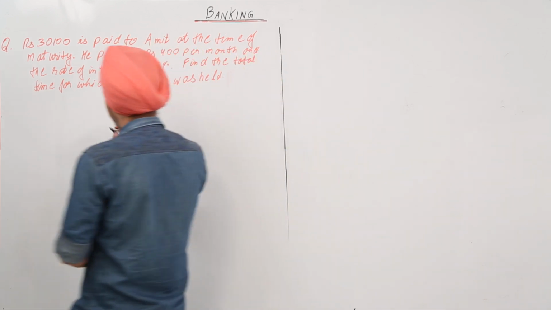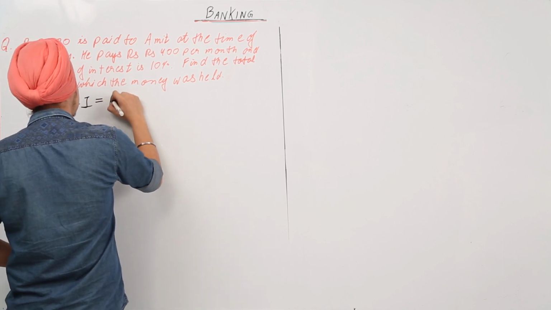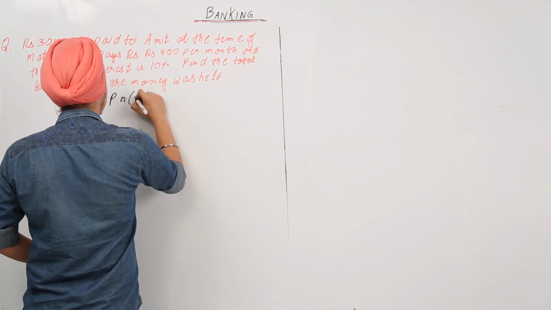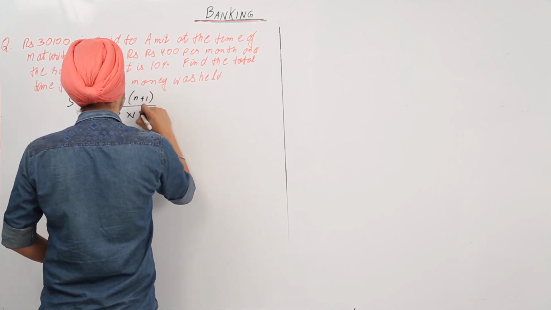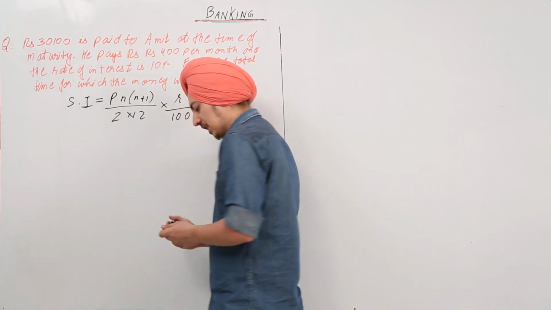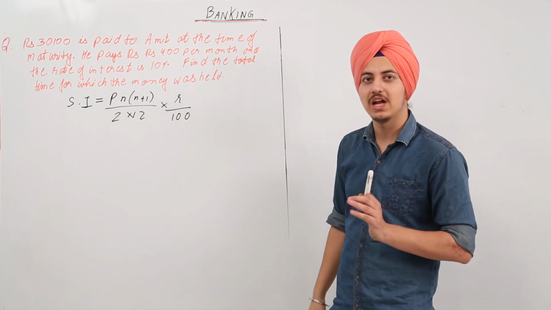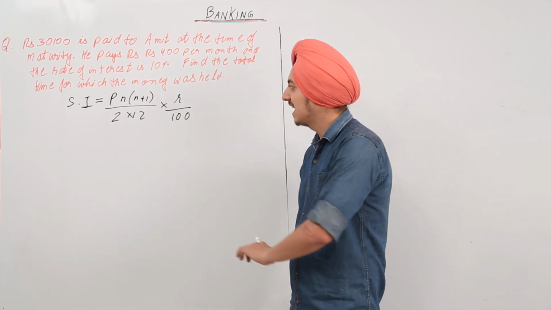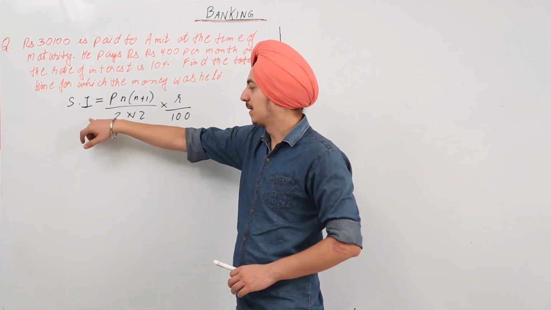So what is the formula? The formula says simple interest is equal to P into N plus 1 upon 2 into 12 into R upon 100. Now guys, this question is a bit difficult to understand, because with this formula we'll be able to calculate the interest, am I right?